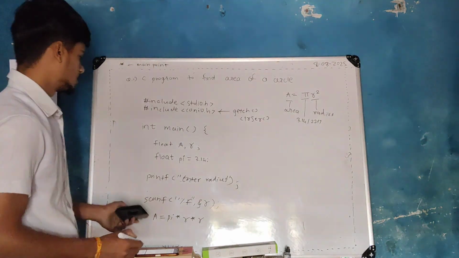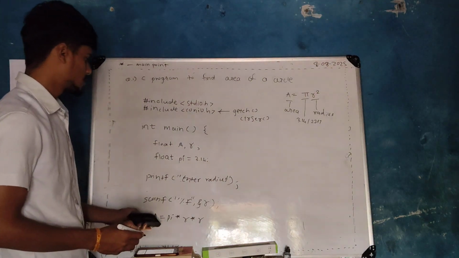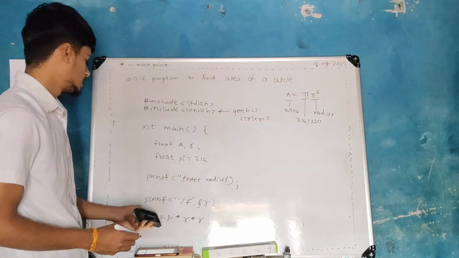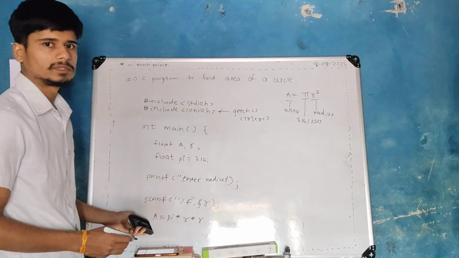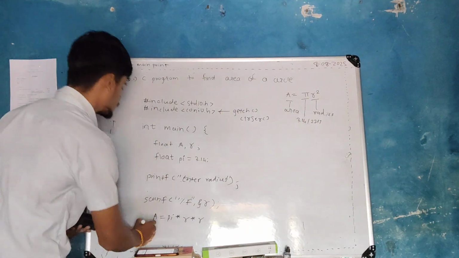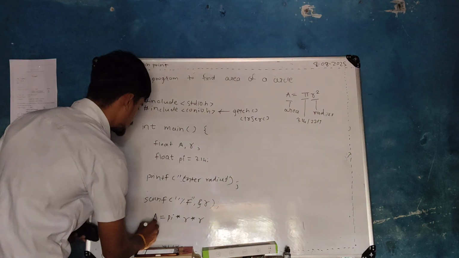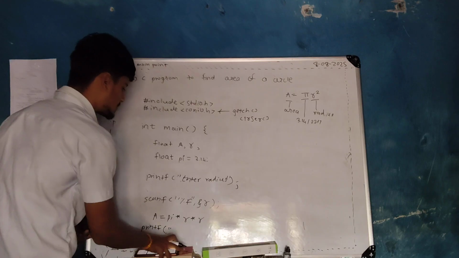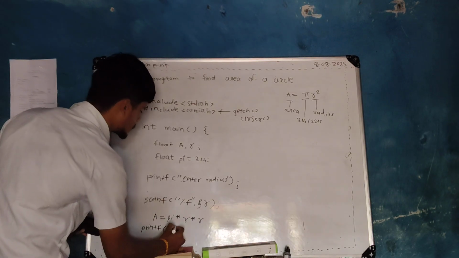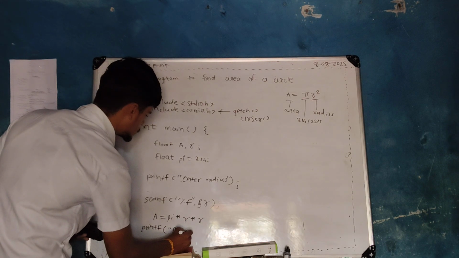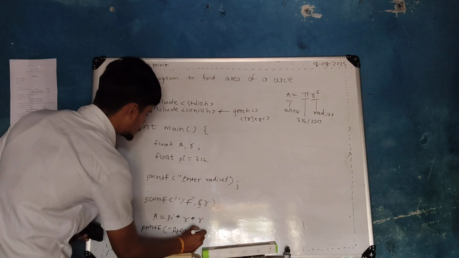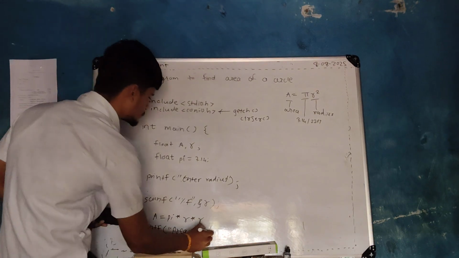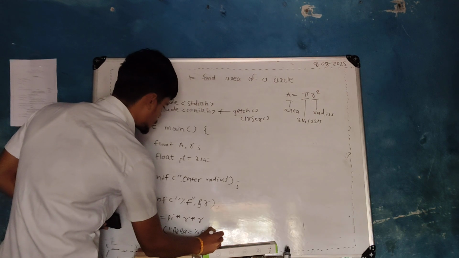The same statement we have to write to print the area, that is the value of variable a. With the printf function, we write "area is equal to %f", a.